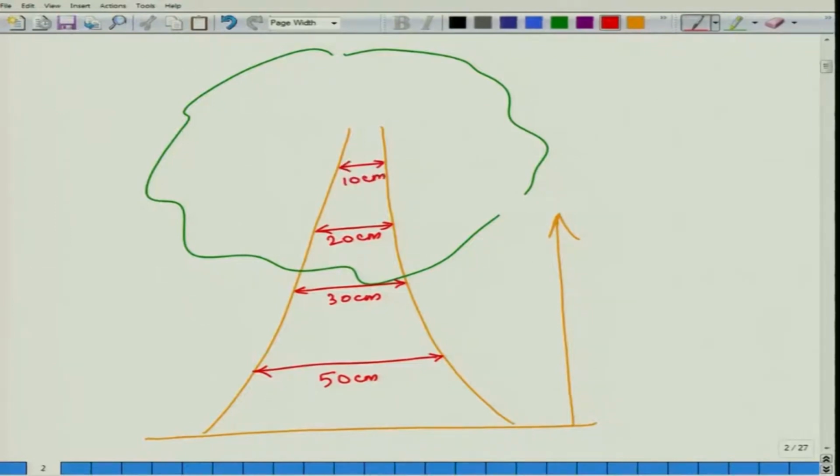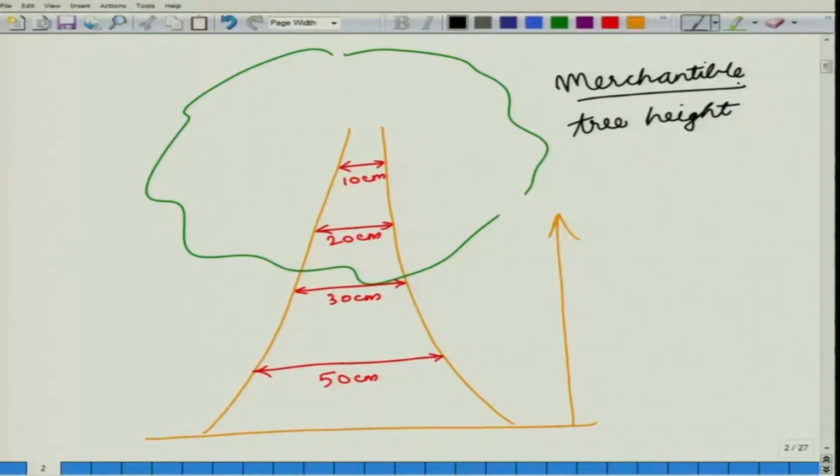Now, when we are talking about the merchantable tree height, merchantable means something that can be used by merchants or something that can be used commercially.